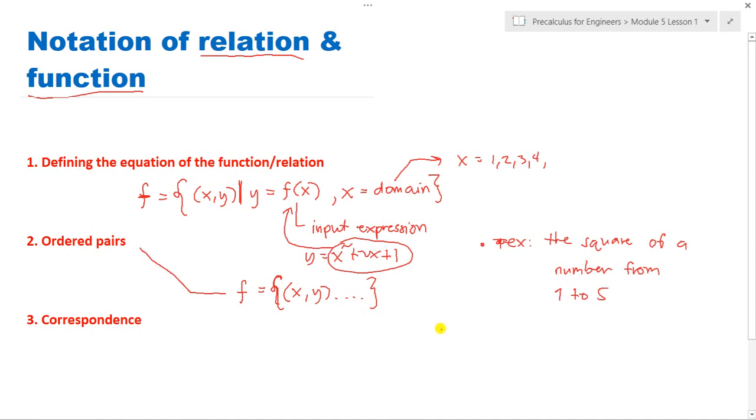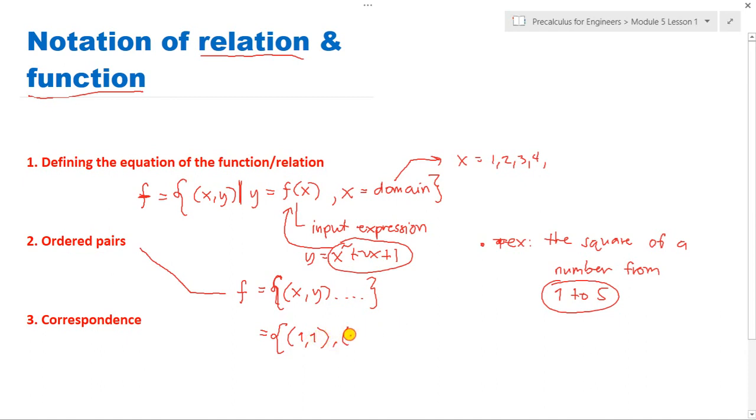So meaning our independent variable here is this 1 to 5, and by definition our 1 to 5 represents our domain. So let's say if we input 1 here for our first domain, or for our first value of x, of course, since it was stated in our example that the square of the number, so meaning the square of 1 is just 1, so that would be our dependent variable or our range.